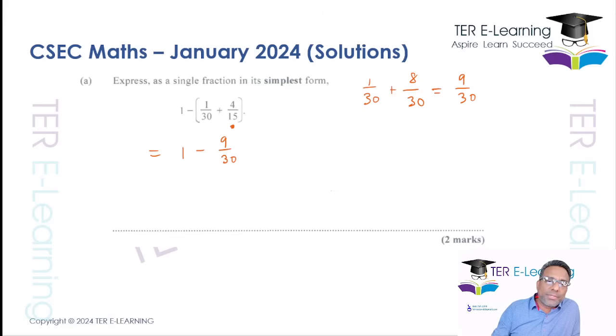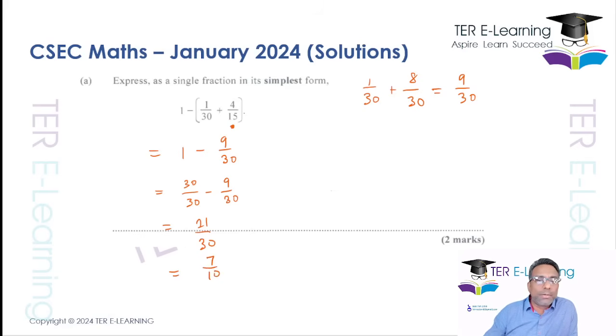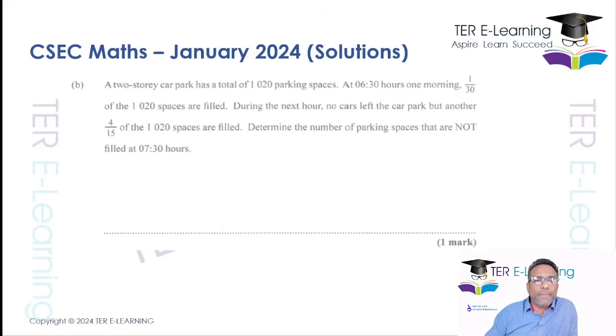Since we are dealing with the 30th as a fraction here, we can write 1 as 30 over 30 minus 9 over 30, and we're going to get 21 over 30. This could be reduced, so this is going to be 7 over 10. All right, so that's the answer for part A.